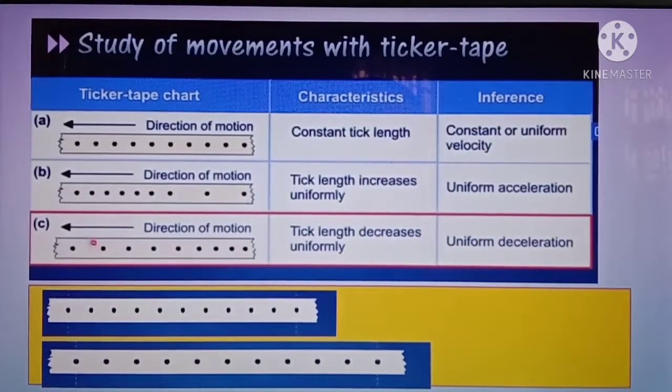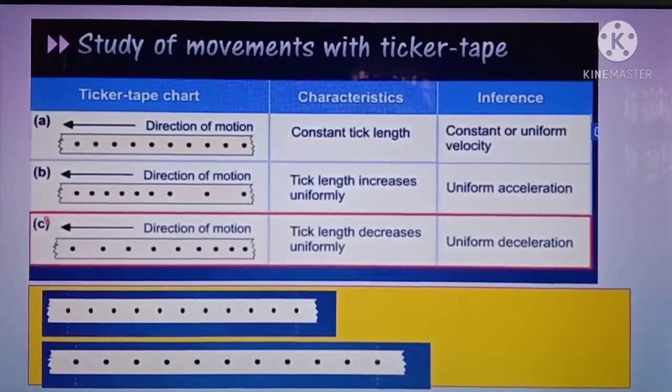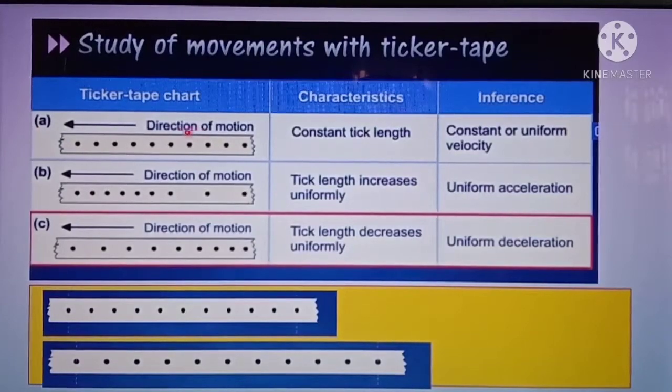Based on the ticker tape that we get from the activity when you use a ticker tape and ticker timer, we can analyze motion based on the dots produced. Look at the first one, A. The direction of motion is to the left, meaning the first dot produced is the one at the left side. So this is the first dot produced.